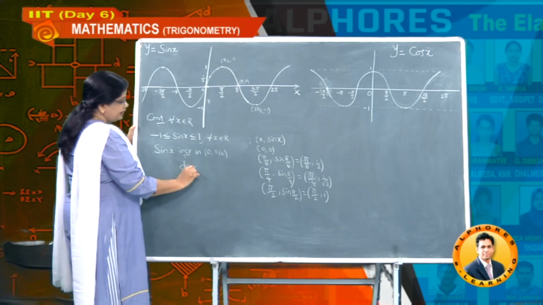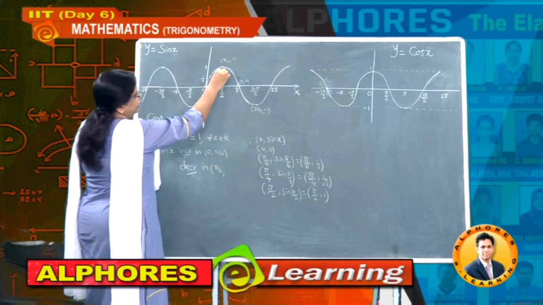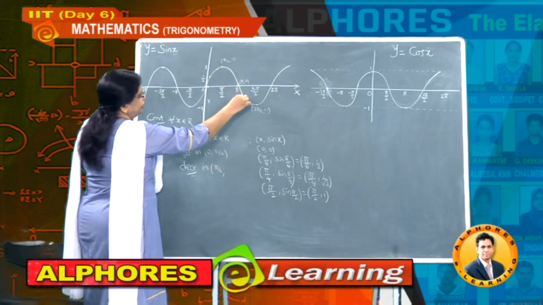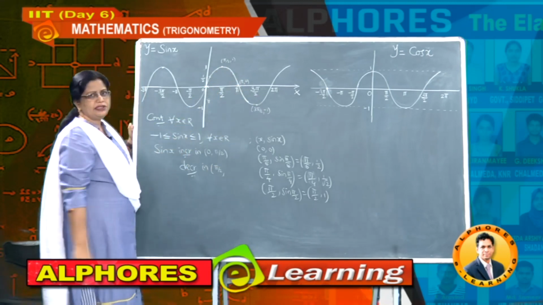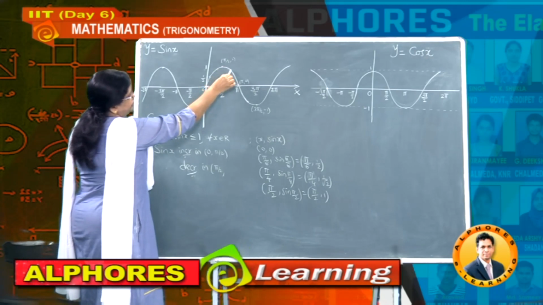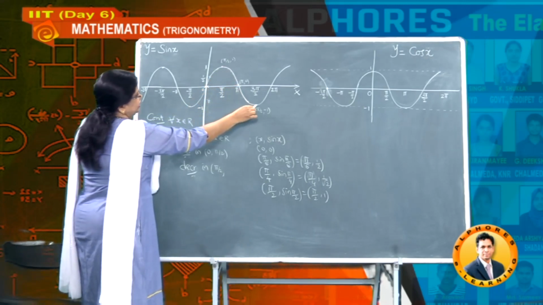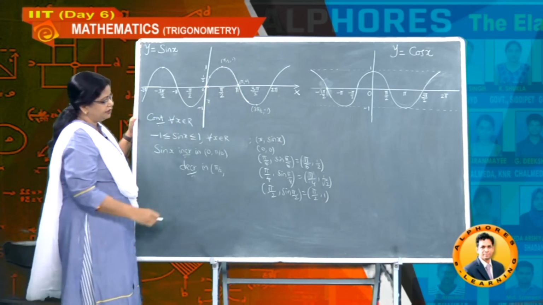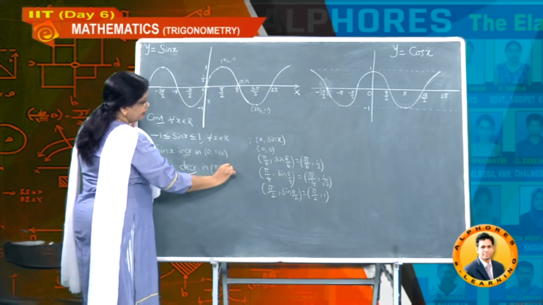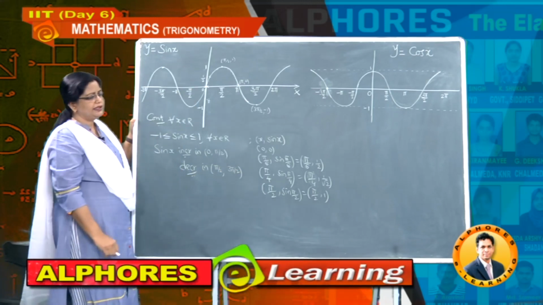So sin x decreases in the interval pi by 2 up to 3 pi by 2, you can observe the same nature. If you take pi by 2 onwards, slowly it is decreasing and correspondingly the values are decreasing up to 3 pi by 2. So from pi by 2 to 3 pi by 2, you can say the sine function decreases.